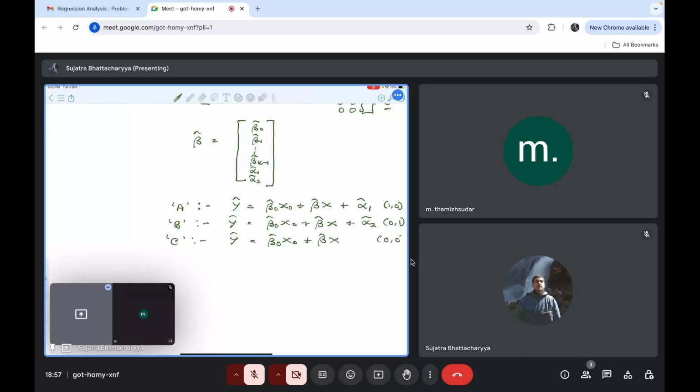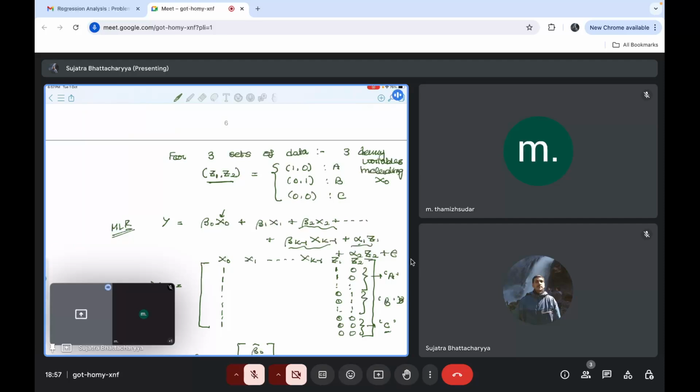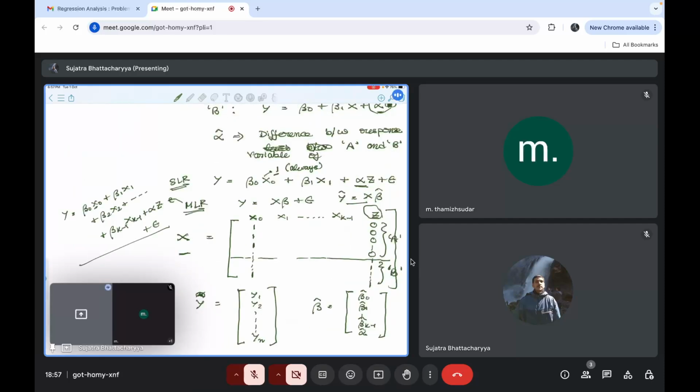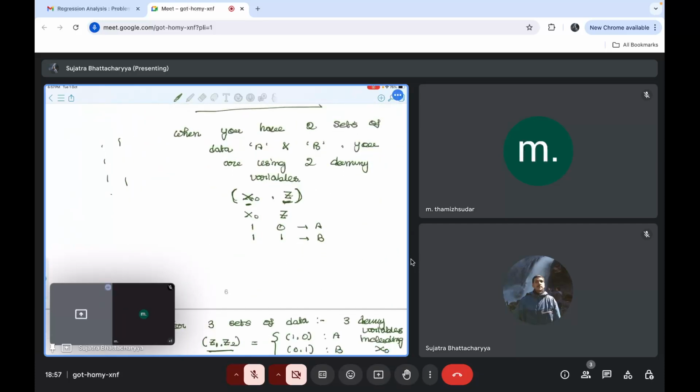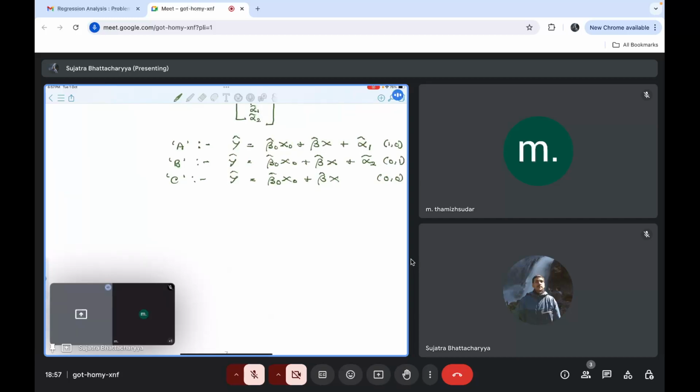Coming from 0 0. One thing to note here is that in all the three cases, whichever way we have used the dummy variable, like these equations, alpha 1 z1, alpha 2 z2, or in two sets of data, alpha z, you can see that your fitted model has the same slope and same intercept.